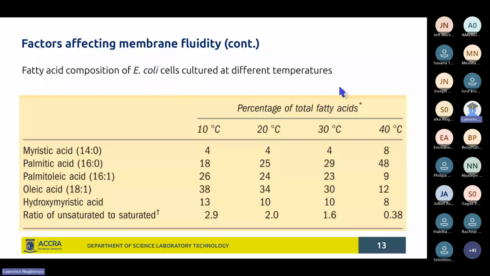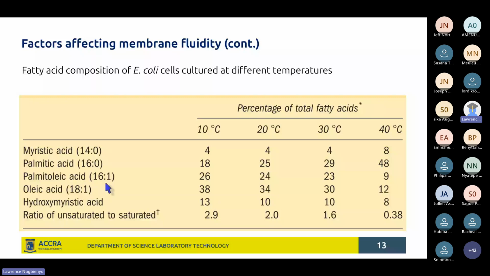And even if you take a look at, say, the number of carbons, that is to say, increase in, say, molecular mass of the fatty acids that are in these membranes.